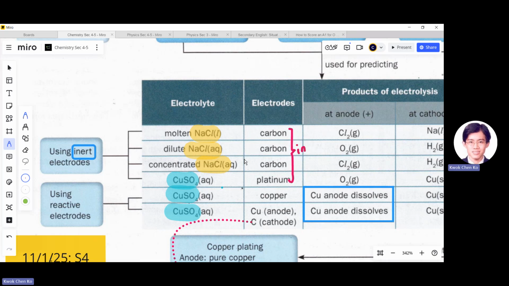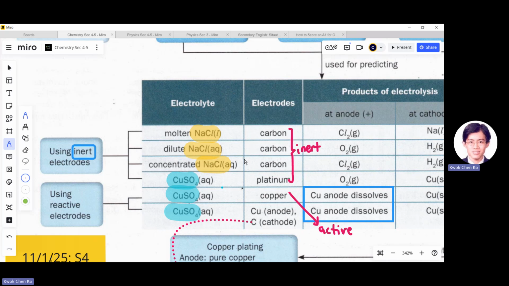They do not engage in any reactions. Of course, there can be exceptions, but in general, they don't. They are inert. But copper is not. Copper is still considered active, even though it's not that active, but still counted as active.